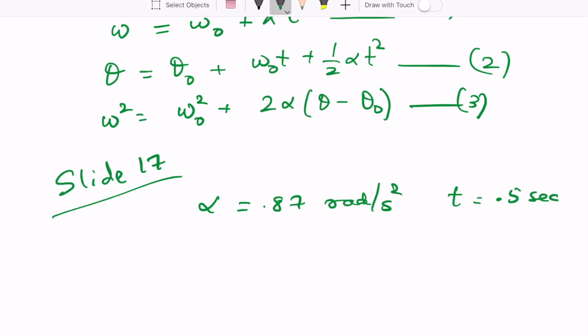So we need to find out how many revolutions the plate makes before reaching its operational speed. We are given the diameter of the plate, so the radius of the plate would be 0.15 meters, because that is half of the diameter.